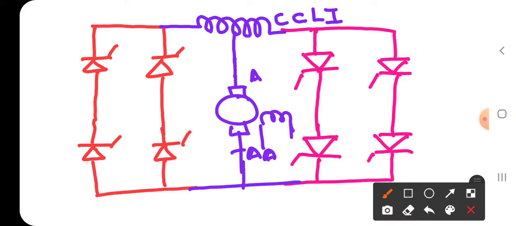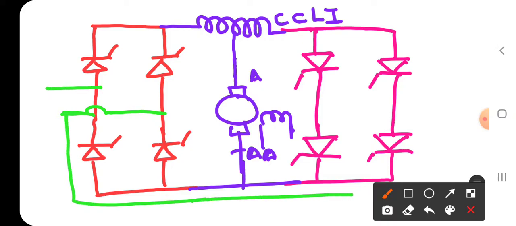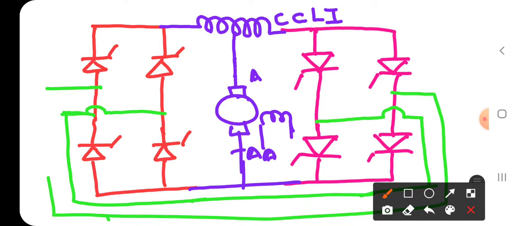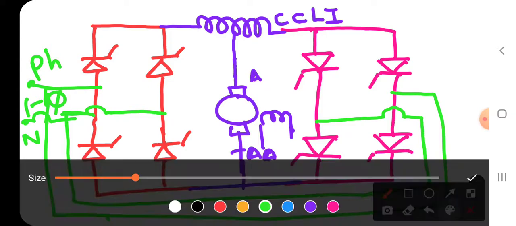In order to give the supply, I will give the supply like this. This is a single phase AC source.